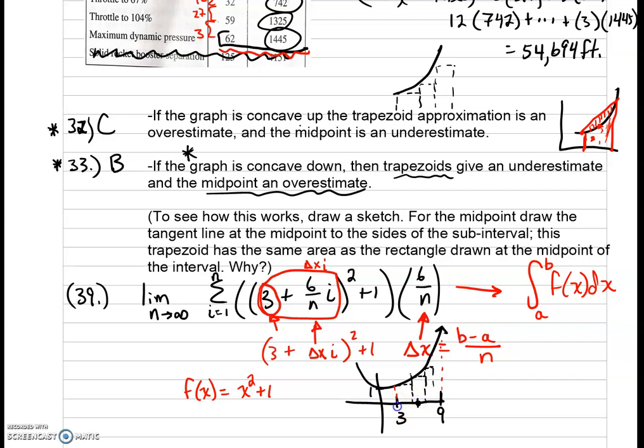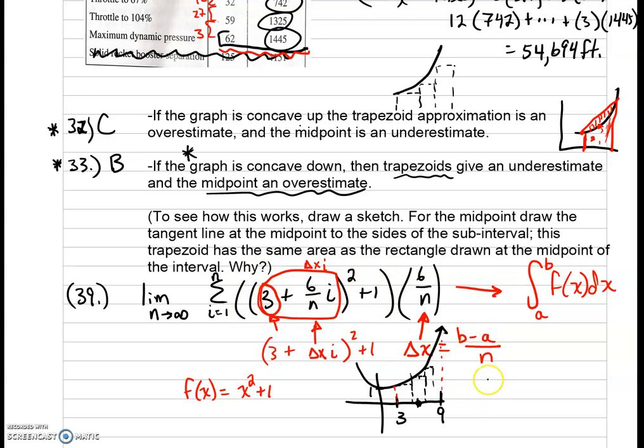I started here and I worked over 6 over n times i to get to this point. And to get the height of this rectangle, I would plug in that x value, which would be 3 plus 6i over n. I would square that and then add 1 to get the height. This whole thing represents my height.